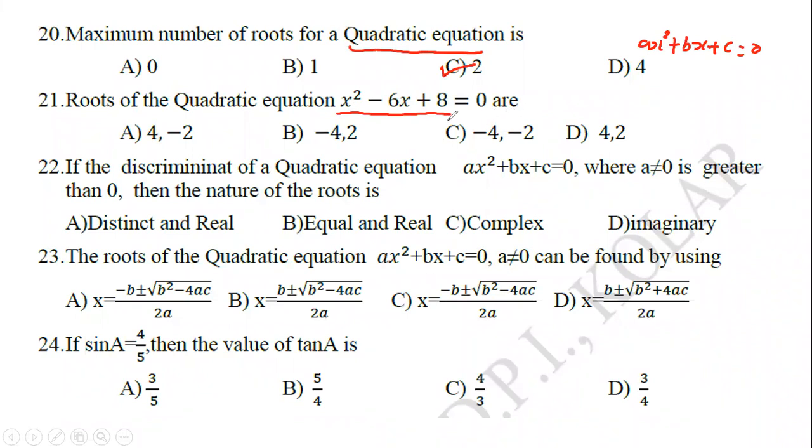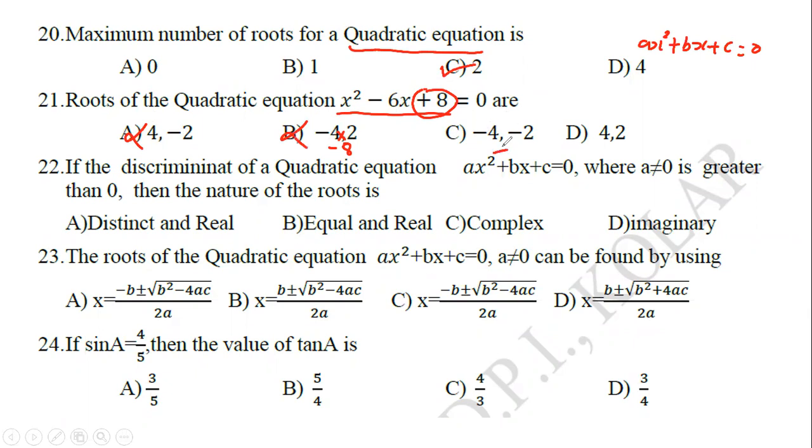Do factorization. Our simple method is here minus 6, here plus 8. Multiply, here plus 8. You need to get plus 8. Here 4 into minus 2 is minus 8, so this one does not hold good. Minus 4 into 2 gives minus 8, so this one also does not hold good.